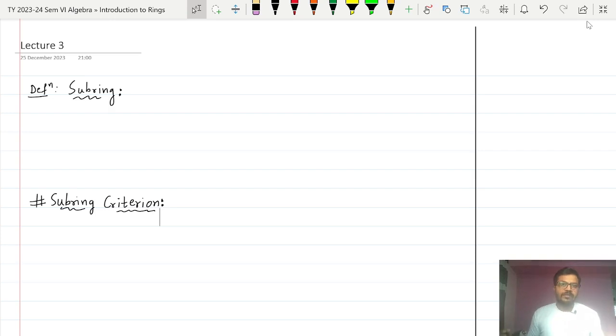So what will be the definition of subring? As you can relate it to the definition of subgroup, directly I will write it down.